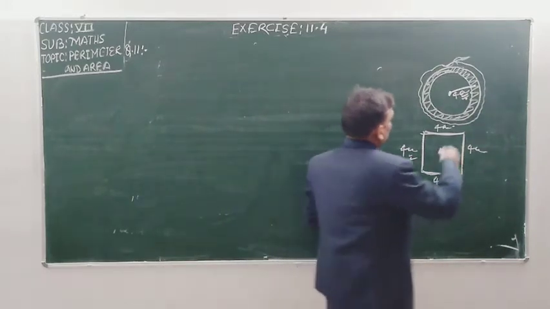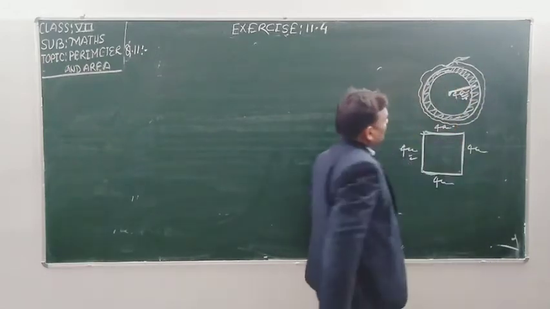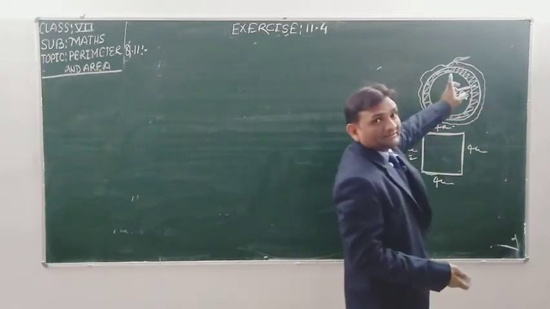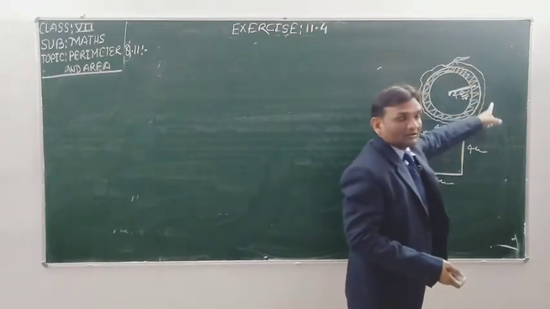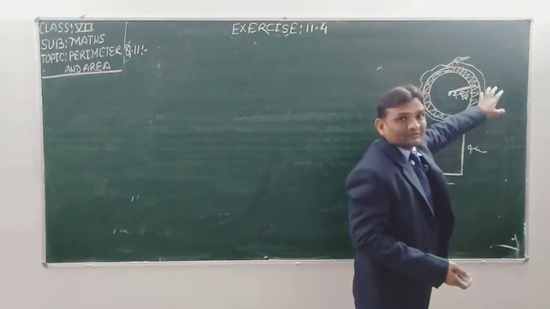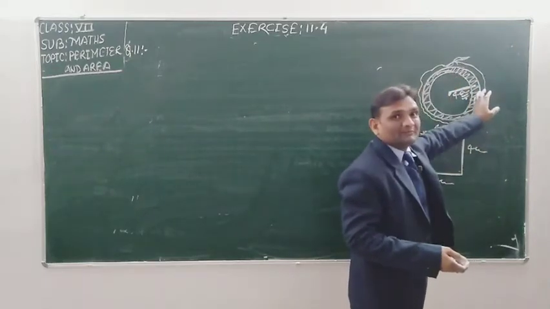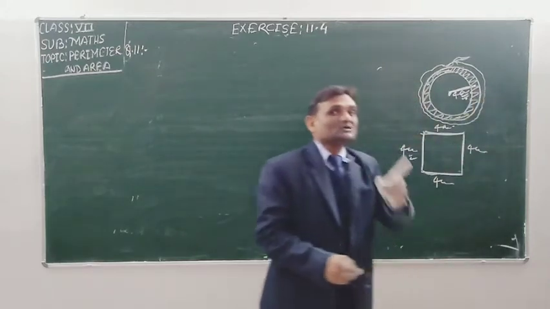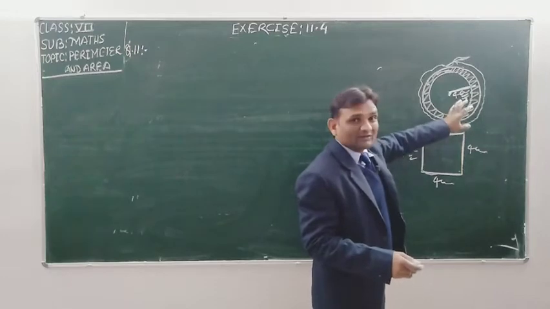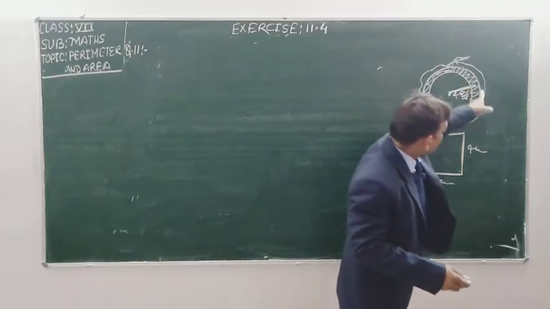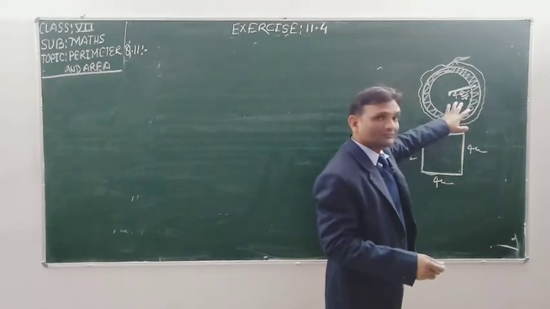Student, what will be the total length of the card which she wrapped around the circular pipe? It will be equal to the circumference of the circular pipe. It means firstly we find out the circumference of this circular pipe, which is 2 pi r.